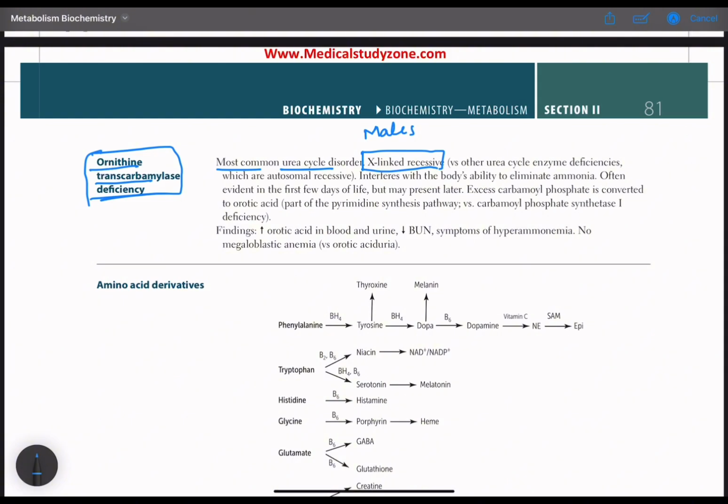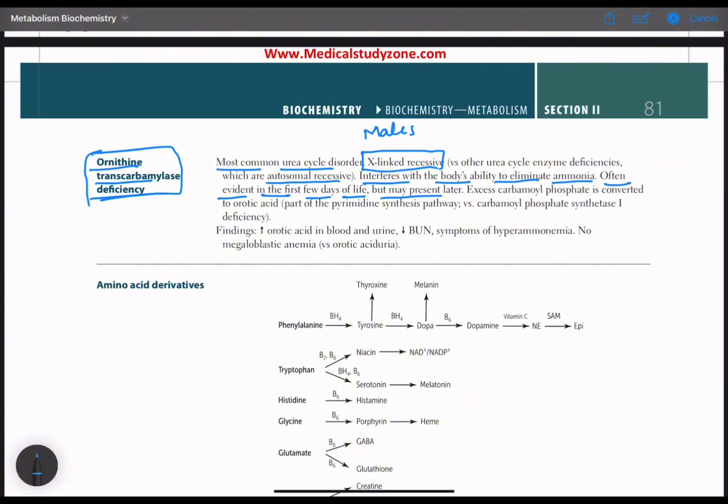All other urea cycle enzyme deficiencies are autosomal recessive. It interferes with the body's ability to eliminate ammonia, as the urea cycle is the process of eliminating ammonia from our body. It is often evident in the first few days of life, but may present later. So the patient will have CNS symptoms, like the kid will be somnolent or irritable, etc.